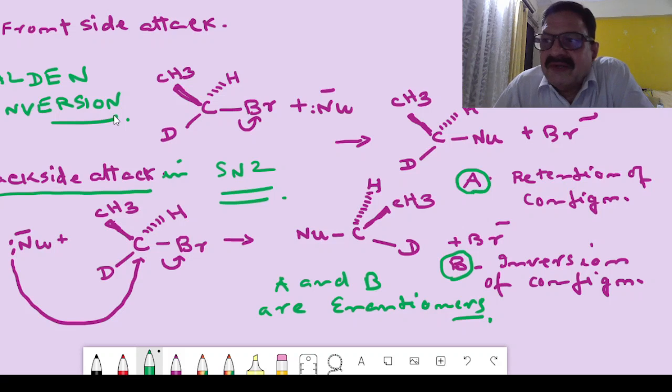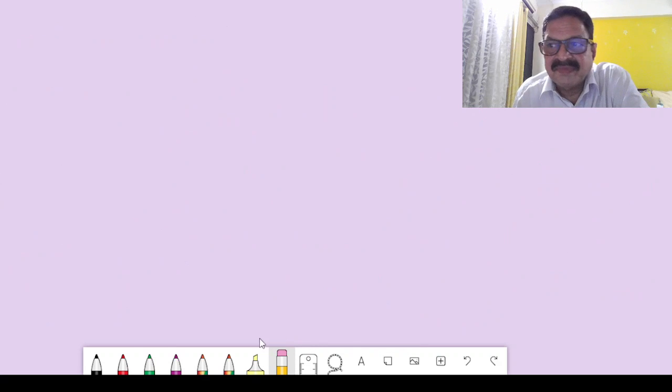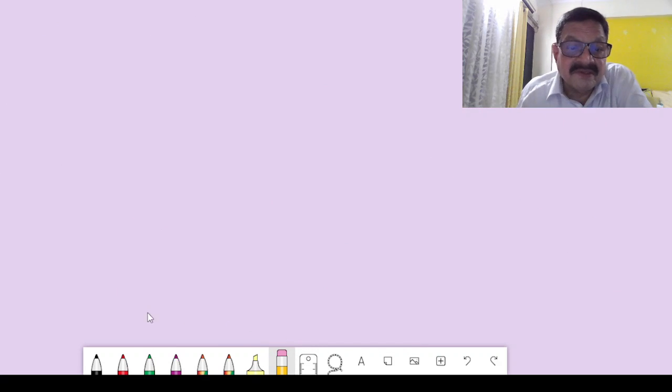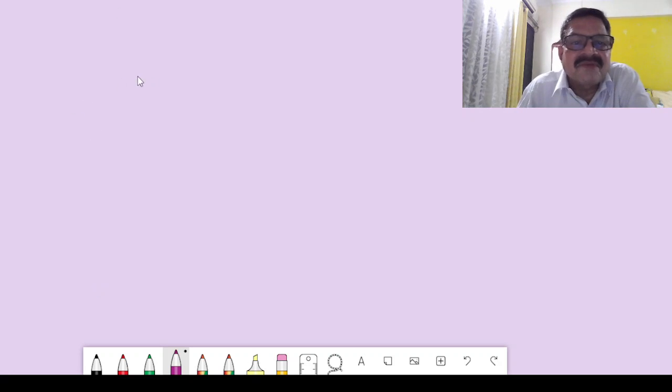They are not coming together nearby. They are far away. Backside attack. So if we draw the transition state of this reaction, the nucleophile and the leaving group are both 180 degrees apart here. Three groups here. Now we can say this is the transition state here.